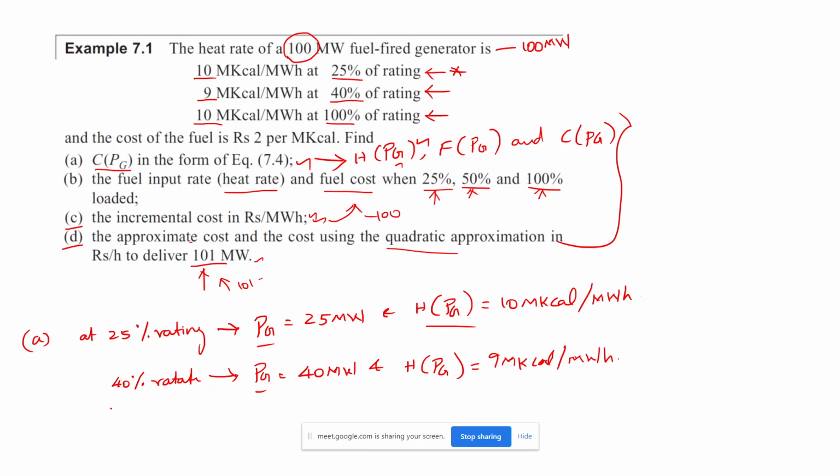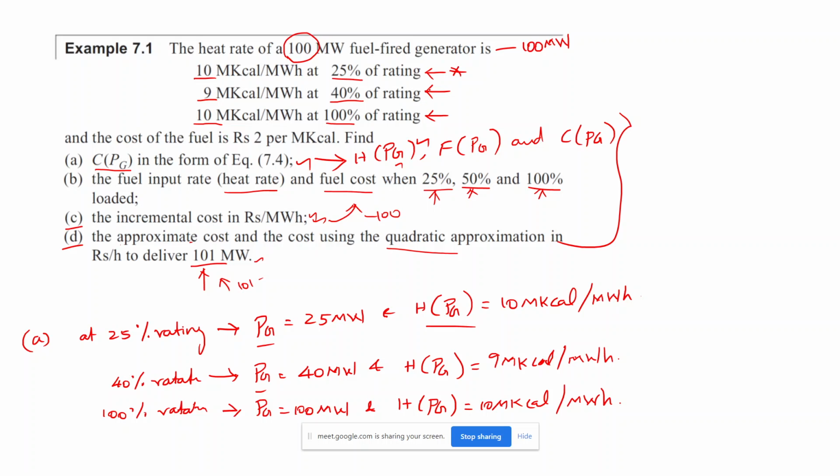And then the same motor, if it is running at 100% of the rating, the PG is nothing but 100 megawatt, and H(PG) is again 10 kilocalories per megawatt hour. So I have found the H(PG) value at different ratings.